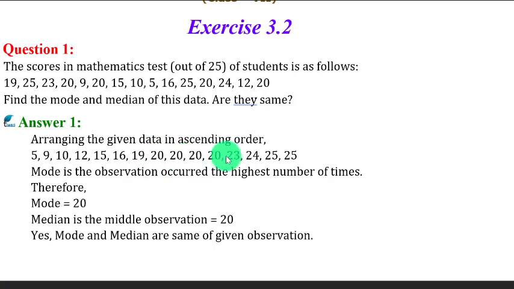Here also on this side you get 7: 1, 2, 3, 4, 5, 6, 7. So this 20 is the middle observation. The middle observation is known as the median. So the median is the middle observation, 20. So mode and median are both the same. So you can say yes, mode and median are the same for the given observations.